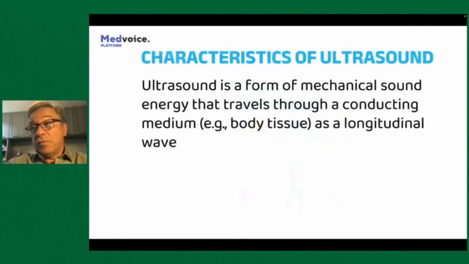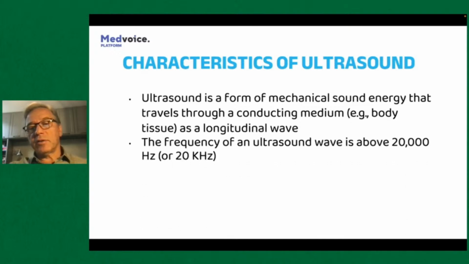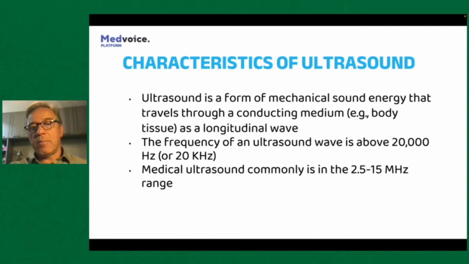Ultrasound is basically a mechanical sound that travels through a conducting medium, body tissues, as a longitudinal wave. The frequency of ultrasound is above about 20,000 hertz, or 20 kilohertz. Medical ultrasound is commonly in the range of 2.5 to 15 megahertz.